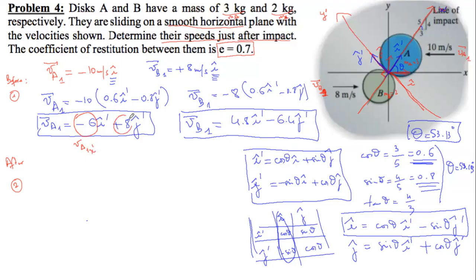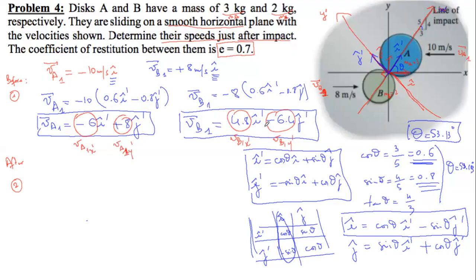And this plus 8 is what I will call VA1 Y prime, the Y prime component of VA1, because we are still in situation 1, still before collision. So this I will call VB1 X prime, and this I will call VB1 Y prime. Is it clear? Okay, good.